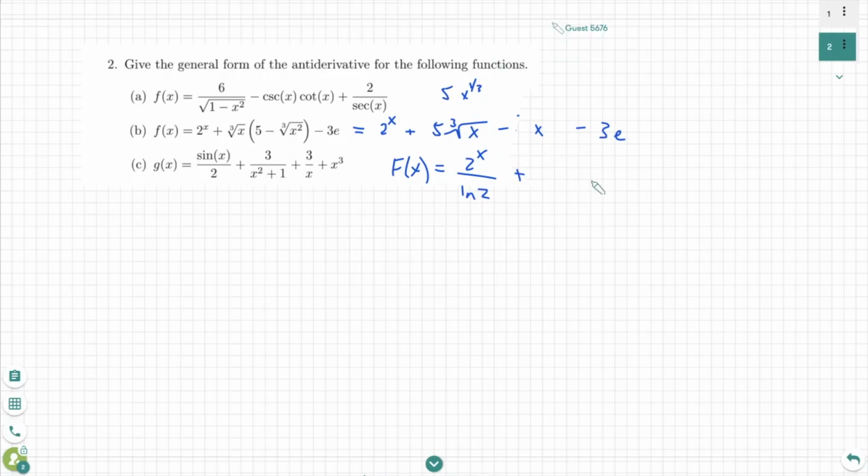Yeah, minus 5x to the 4/3 over 4/3, and then you just simplify that. I would typically just do the step of multiplying by the reciprocal instead of dividing by the fraction. Okay. Yeah, that makes more sense. So times 3/4, which would be 15x to the 4/3 over 4. Yeah. Okay.